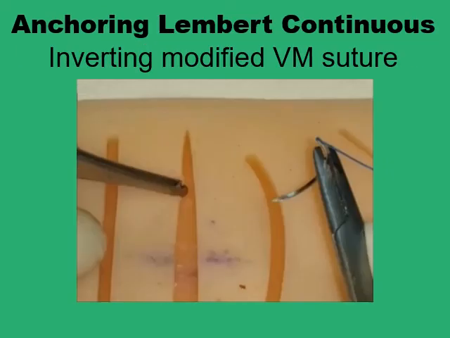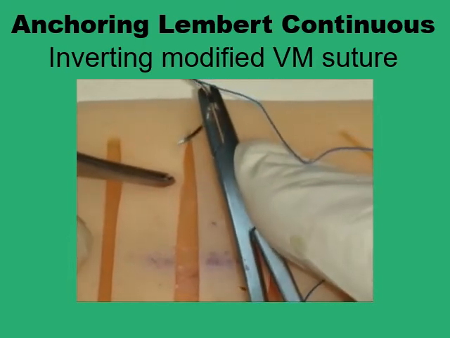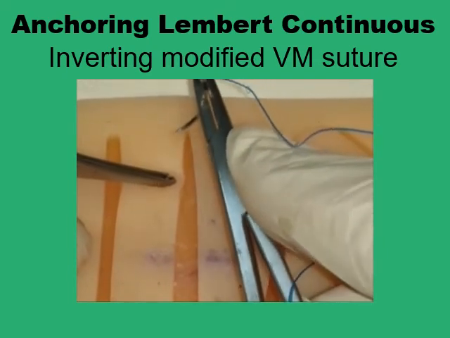The Lembert suture is a modified vertical mattress suture, again modified to invert the wound edges, used for repairing pharynxes and intestines and stomachs and viscera. And this continuous form of it would start with the anchoring stitch.